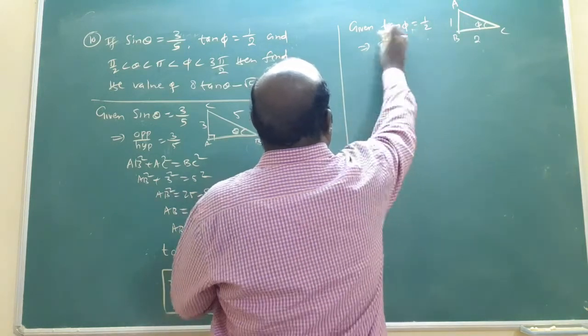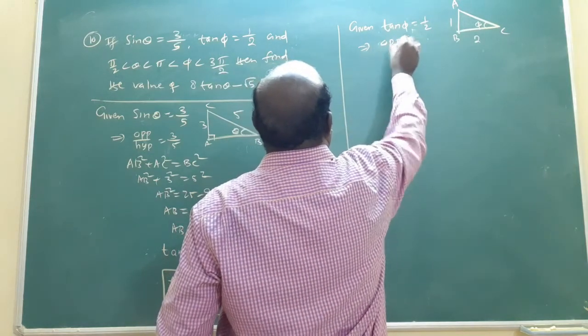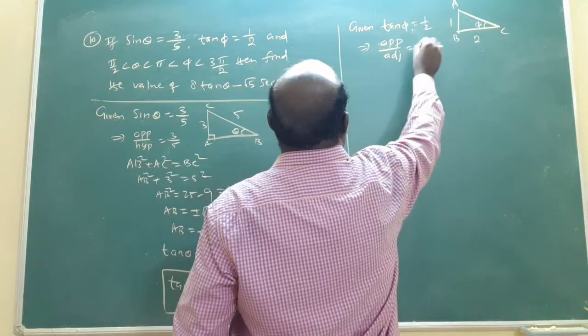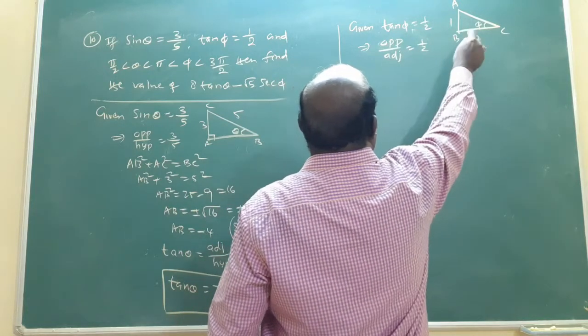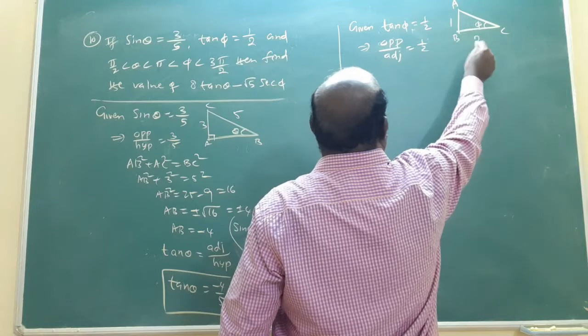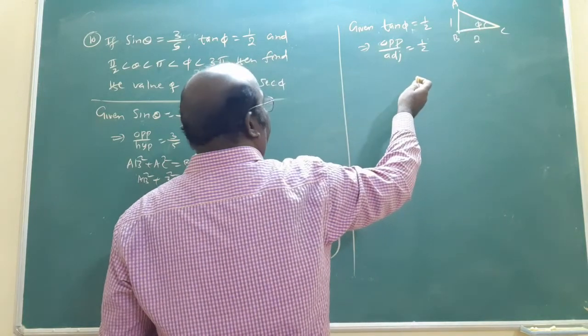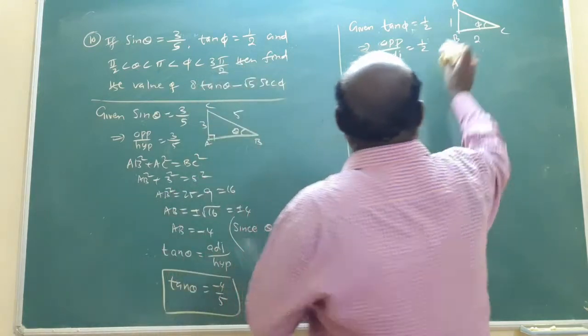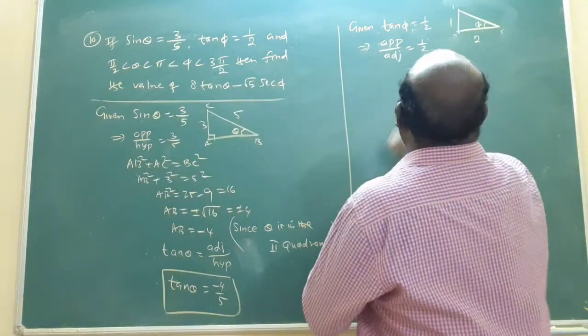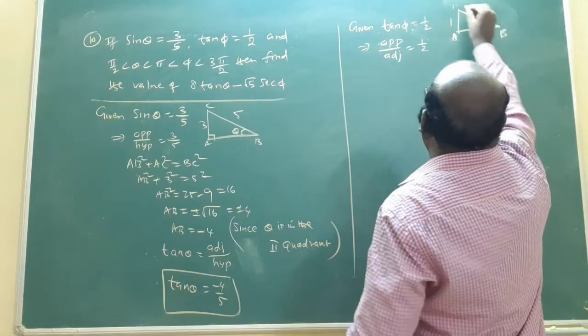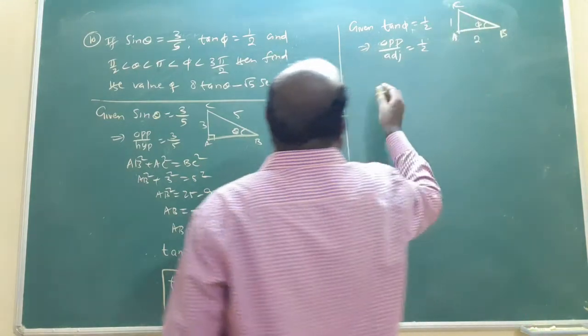Opposite by adjacent equal to 1 by 2. From this idea, mark the 2 here, 1 here. You will mark any place, no problem. Here A, here B, C. Am I correct? Now we want BC.